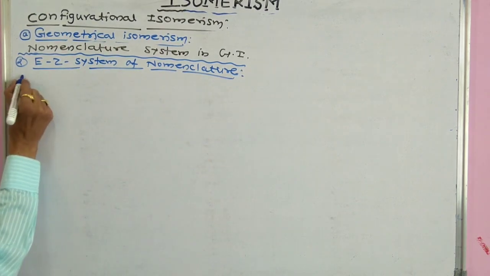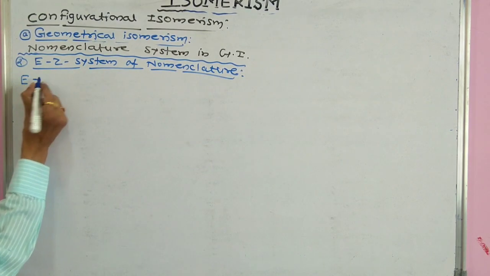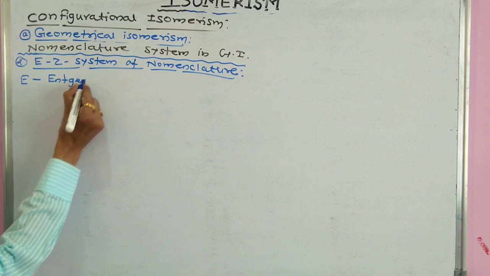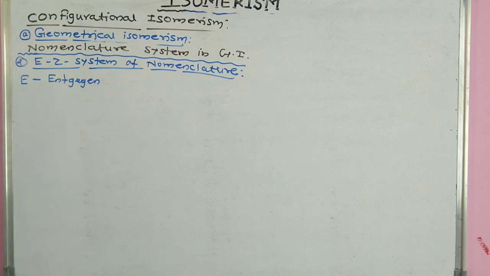Now first, what is meant by E? So E means, this is the name of the scientist, Entgegen.